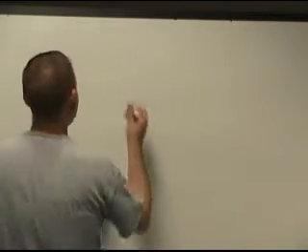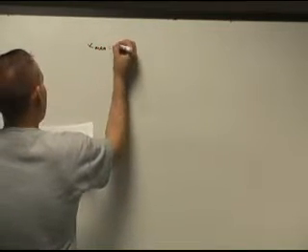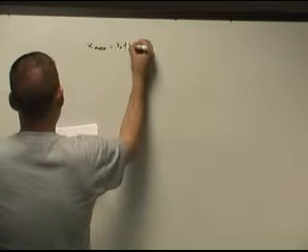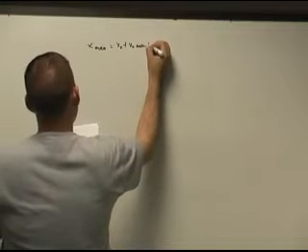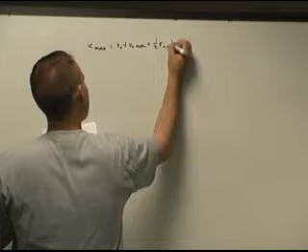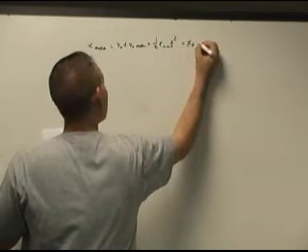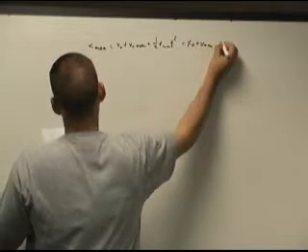So the position of the man is equal to x0 plus v0 man t plus 1/2 acceleration of the man times t squared. But there's no acceleration, so that's equal to x0 plus v man t.